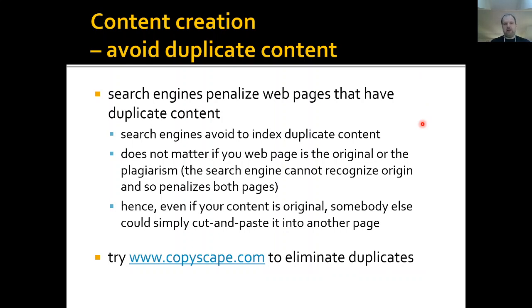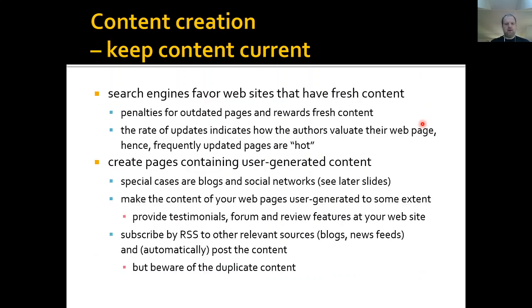Let's eliminate duplicate content. And the last thing about content creation, general advice, is to keep the content current, up to date. As I said, everything changes in the environment of the web. The web itself changes, the people change, the trends change, businesses change. So there are many factors that motivate us to keep the content up to date.